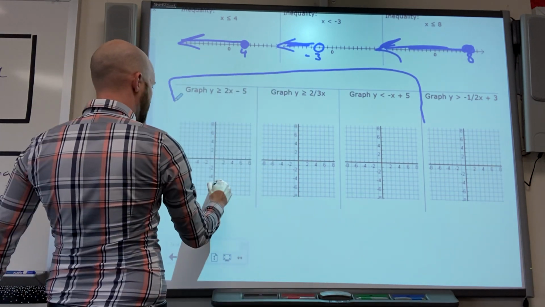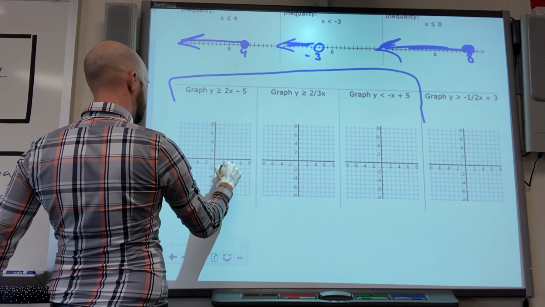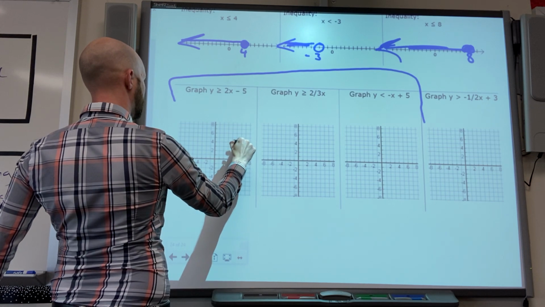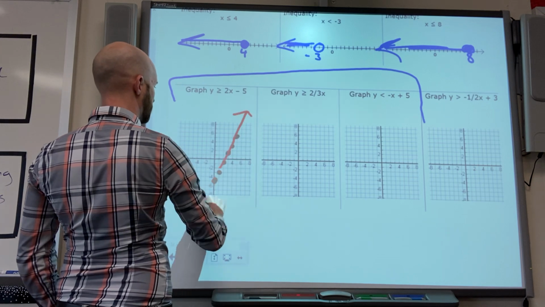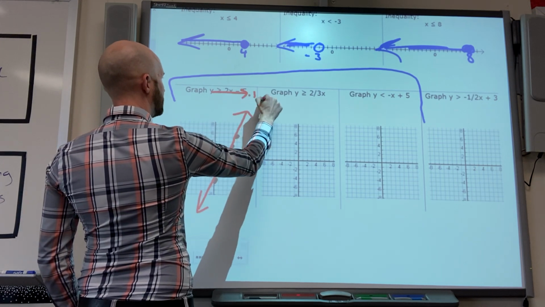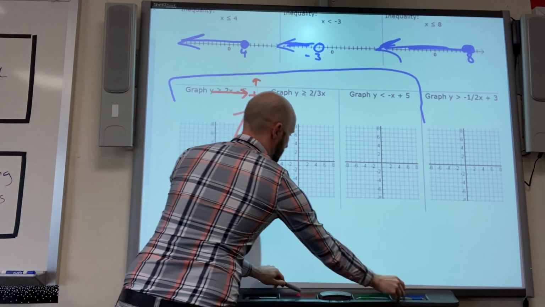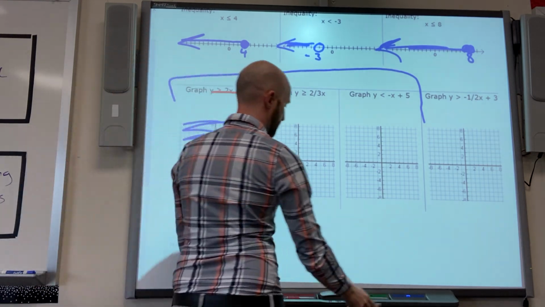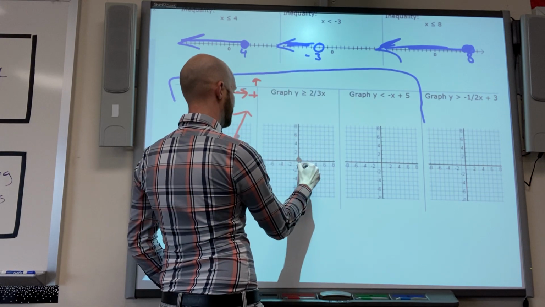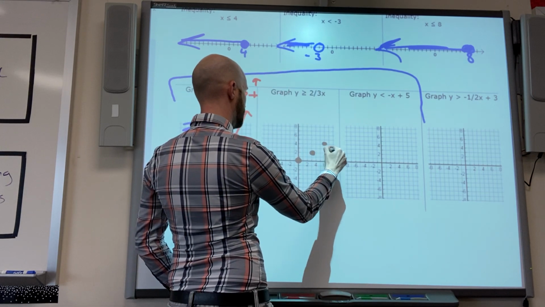So let's see, -5, boom, 2, 2, 2, 2. It is solid. Pointing to positive means up. So above the line, arriba de la línea. Here, the point is 0, 2, 3, 2, 3, 2, 3.